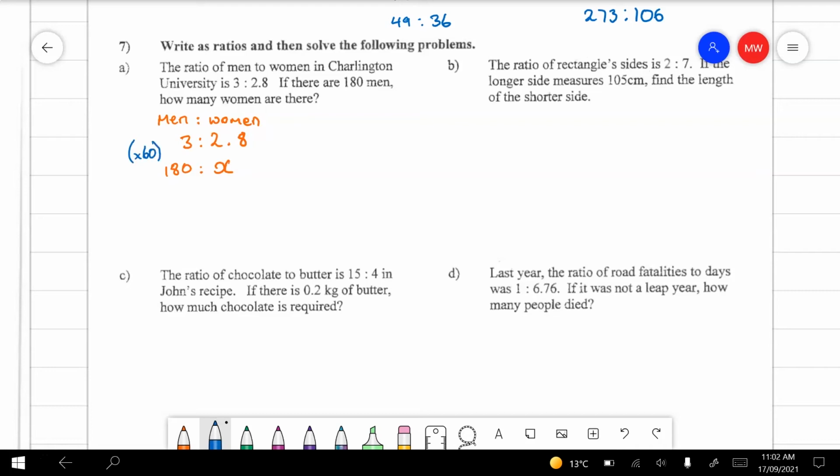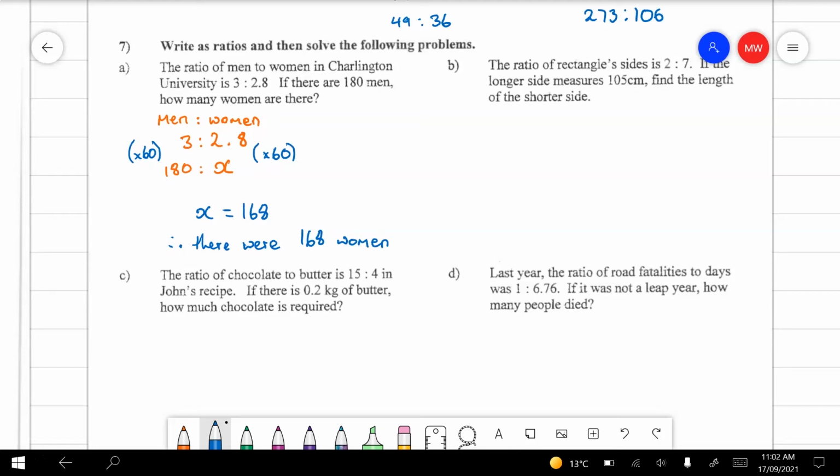So you can work that out easily with your calculator by saying 180 divided by 3, whatever number you get, in this case 60, you have to take over this side and multiply 2.8 by 60. So x will be 168. So there's 168 women. We should write this as a worded answer. It's a worded question. Therefore, there were 168 women.